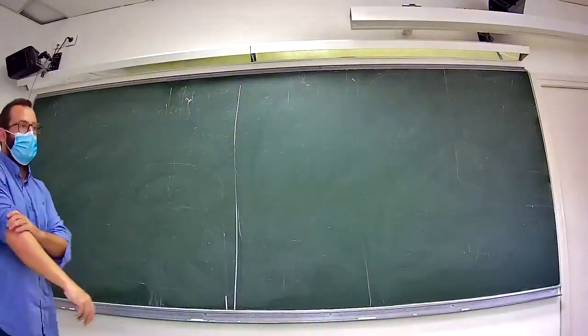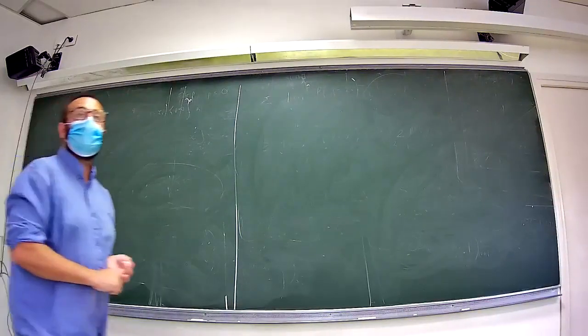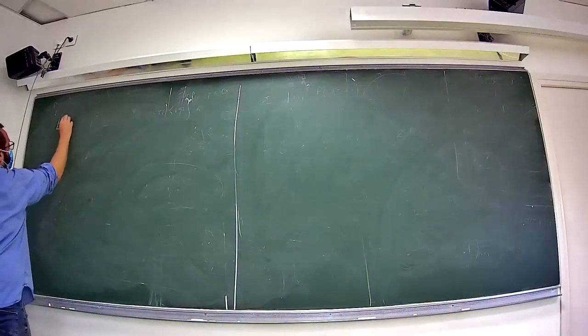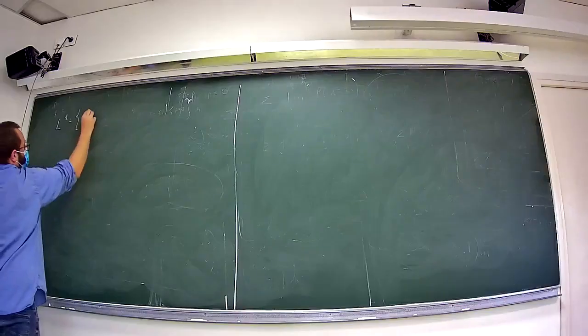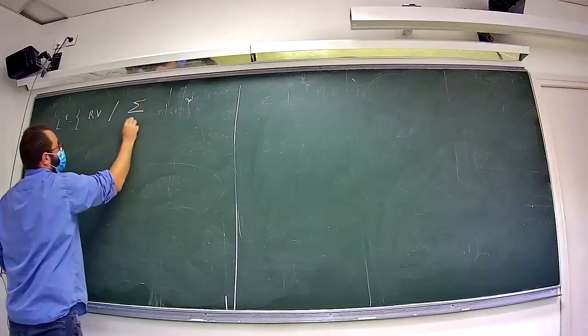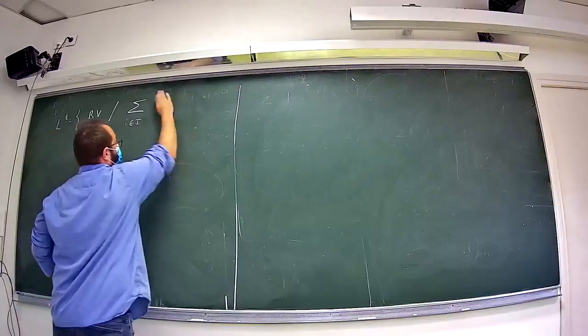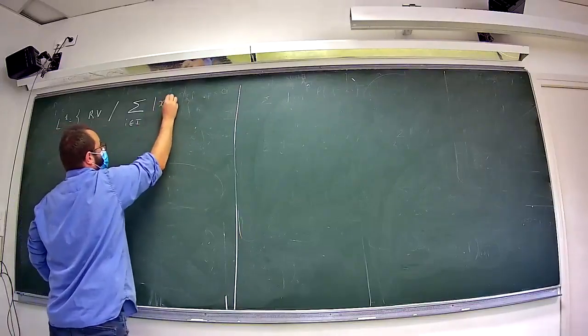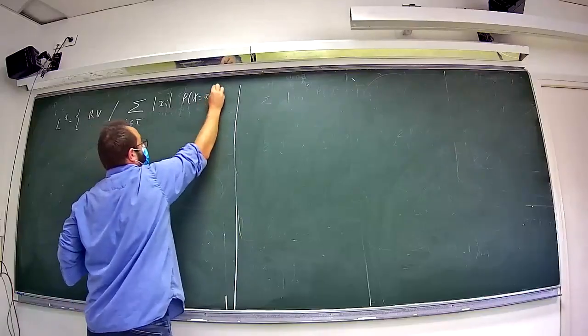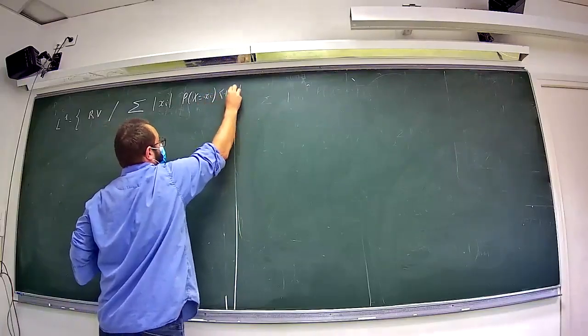Okay, so I define the expectation, and the expectation for the ones that are in L1. So remember what L1 is. L1 is the set of the random variables such that the sum of the absolute value of xi times the probability that X is equal to xi is finite.